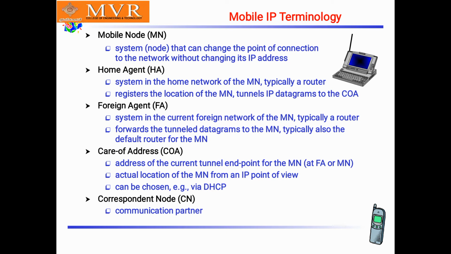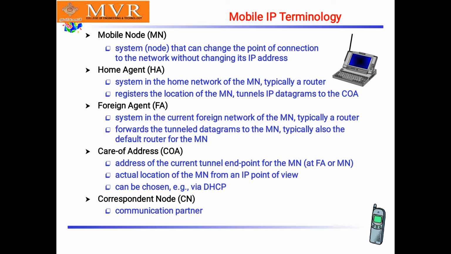It forwards the tunneled datagrams to the mobile node, and is typically also the default router for the mobile node. The care of address is the address of the current tunnel endpoint for the mobile node, at the foreign agent or the mobile node. It is the actual location of the mobile node from an IP point of view, and it can be chosen via DHCP.